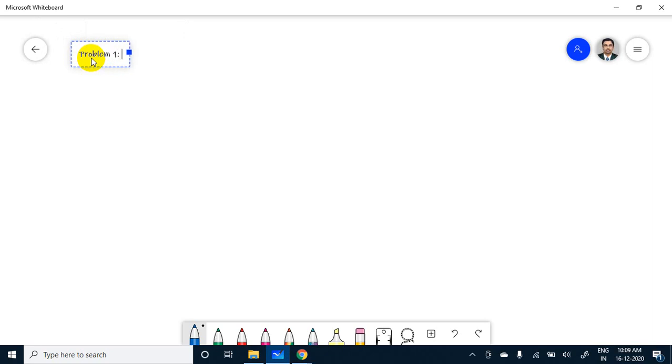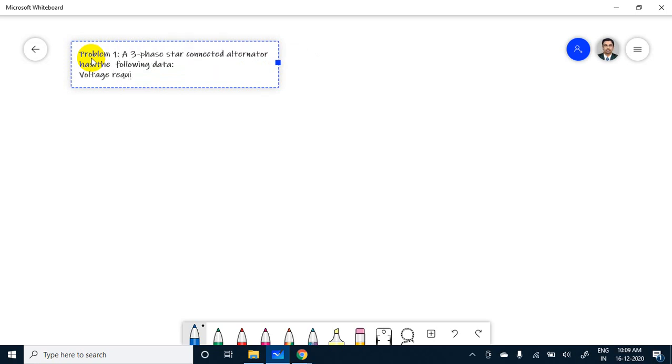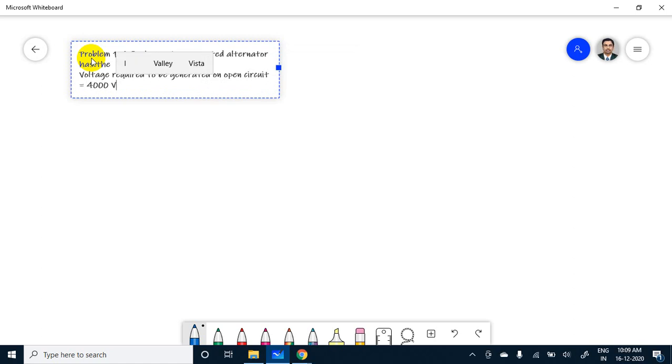Problem 1. A three-phase star connected alternator has the following data. Voltage required to be generated on open circuit equal to 4000 volt at 50 hertz.